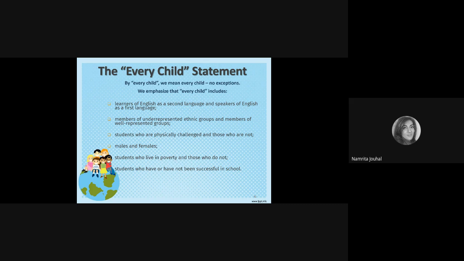They should have more interactions, so they learn the language. Members of underrepresented ethnic groups and members of well represented groups should merge together, so they are included. Students who are physically challenged should be mixed with the ones who are not.